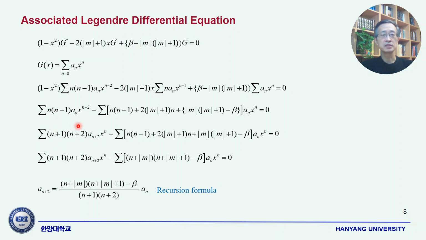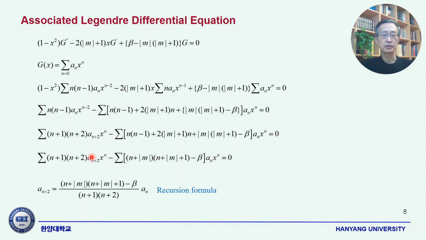And then this is the x to the n power. This is also x to the n power. Okay? So you can combine these two. You make a little bit cleaner form here. Then both are in x to the nth power.